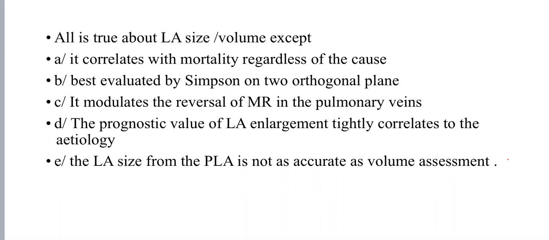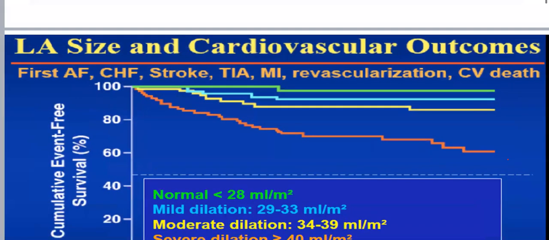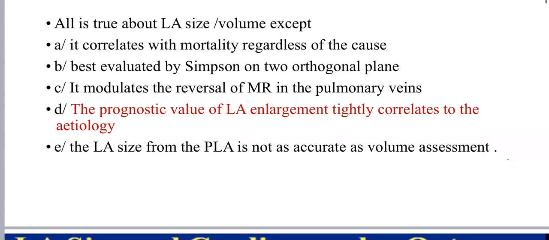So D. No, no, no. D is wrong, and that's the right answer. Why is D wrong? Because the prognostic value of LA enlargement is not tightly correlated with the etiology. Meaning, if the LA gets bigger, regardless of what caused that large size, it's prognostic.